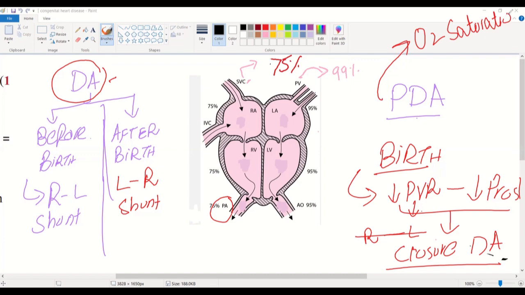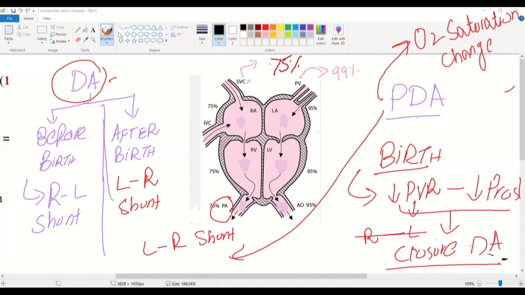I think there should be an increase. Increase in which? So try to understand. The PDA is a left to right shunt, right?